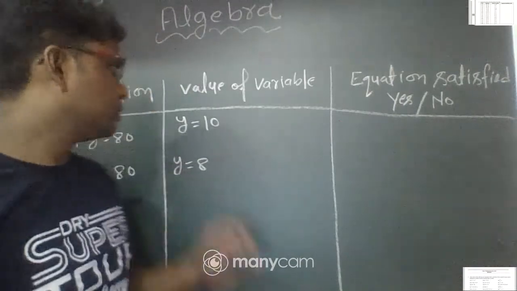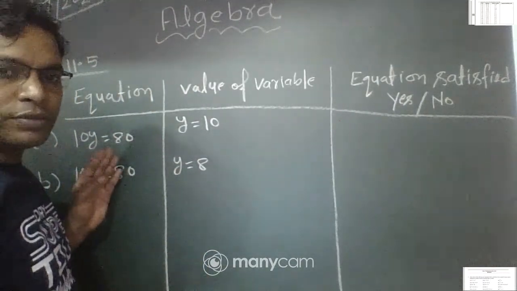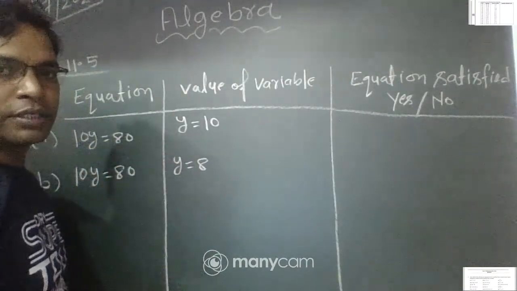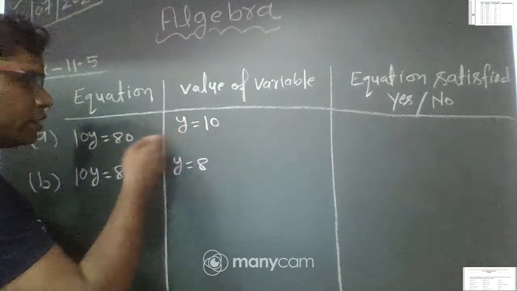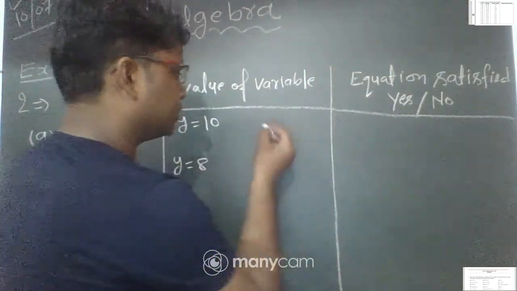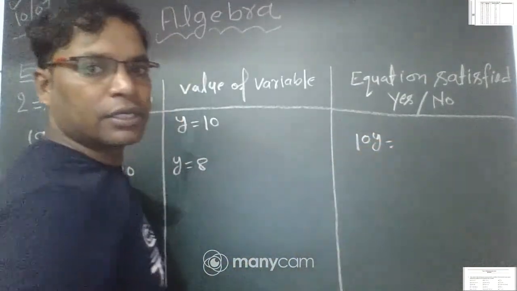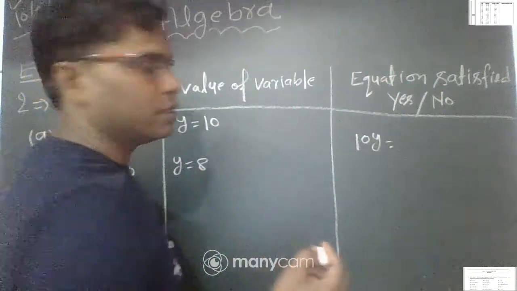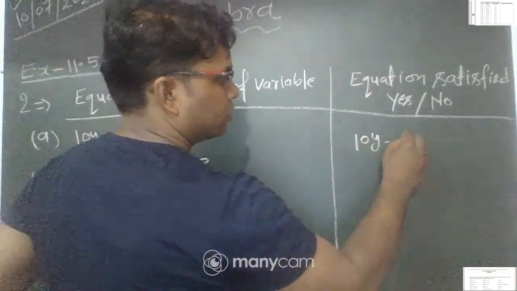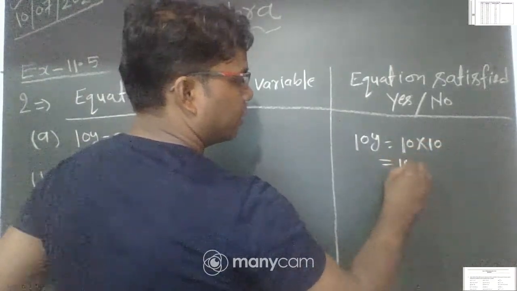So here you can see this is equation 10y is equal to 80, but value of y is 10. So if you calculate it, here you can see 10y. 10y means 10 into y. So value of y is here given 10. So 10 into 10. This is equal to 100.